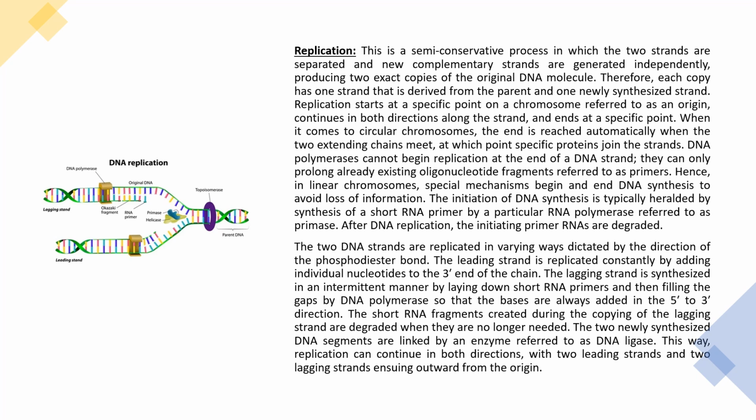The short RNA fragments created during the copying of the lagging strands are degraded when they are no longer needed. The two newly synthesized DNA segments are linked by an enzyme referred to as DNA ligase. This way, replication can continue in both directions with two leading strands and two lagging strands ensuing outward from the origin.